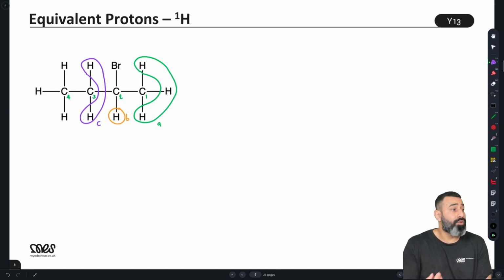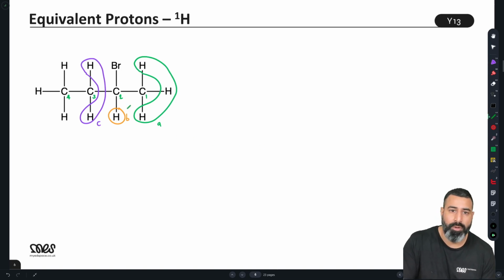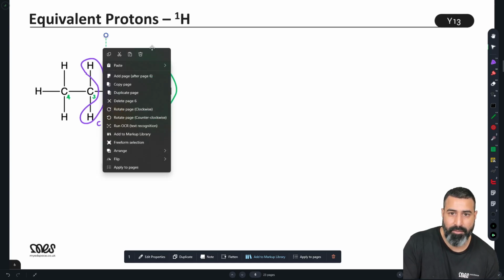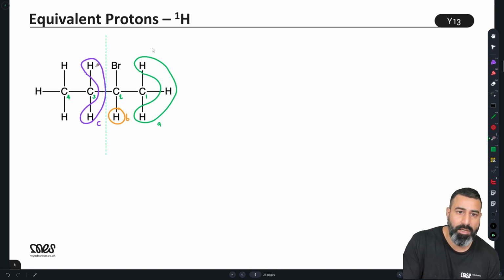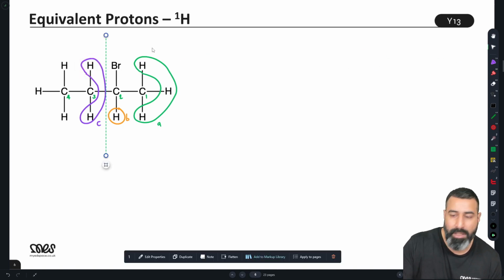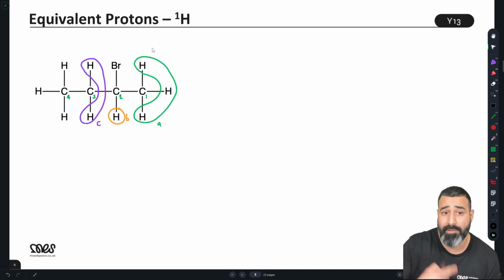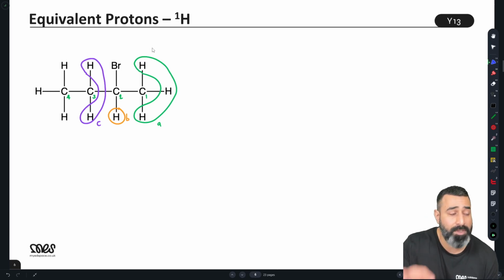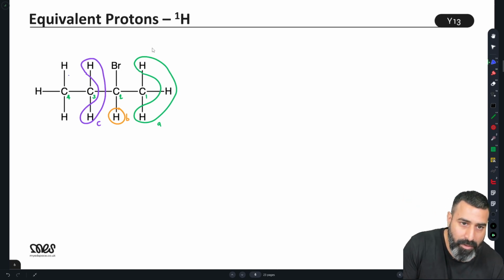And then you've got to think, do we have a planar symmetry? Yes or no? So if I put a line there and I fold it, do I have a mirror plane there? And the answer is no, because right here I don't have a bromine atom, so we don't have a planar symmetry. So that means that CH through the other end of the molecule is going to be distinct or different from the CH3 on the right hand side of the molecule.